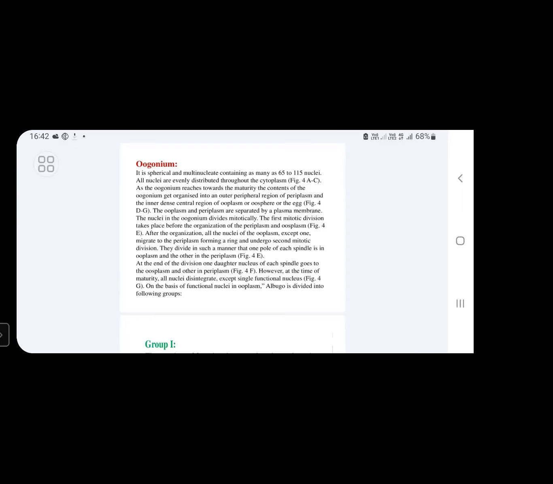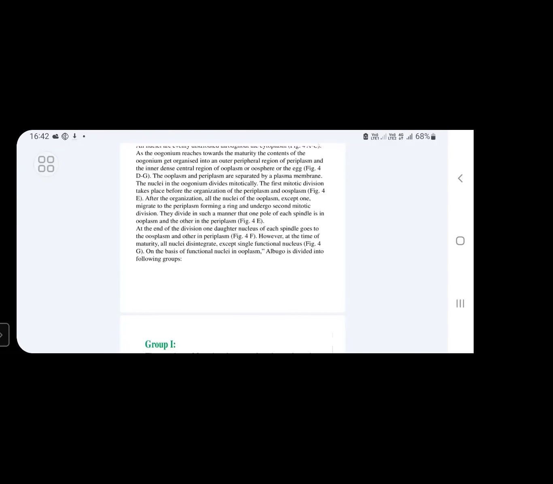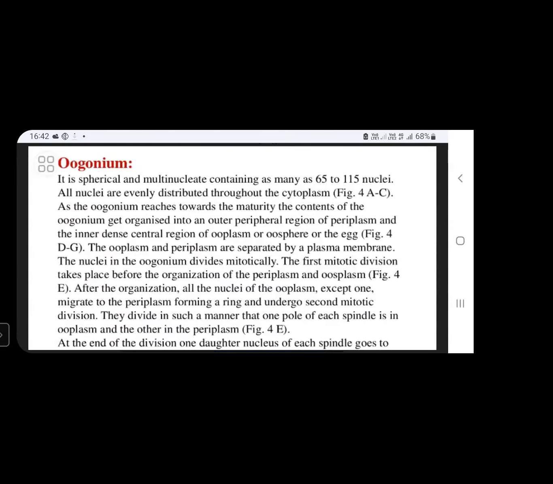In this oogonium, the protoplasm is differentiated into two important parts. One is called central ooplasm and another one is called peripheral periplasm. The central ooplasm region comprises thick dense cytoplasm that comprises one definite conspicuous nucleus.